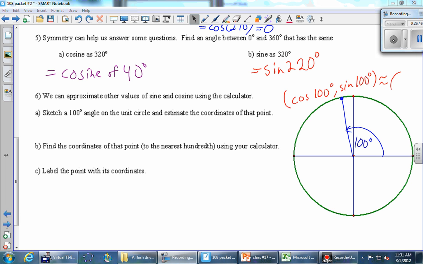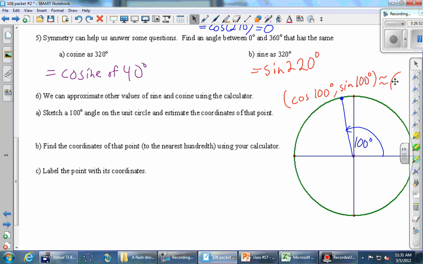How much is cosine of 100 from the calculator? Negative 0.17. And I'm hoping that we made some guess that was at least a negative number, because the x-coordinate of that point has to be something less than 0, but not too much less than 0, because at the far left, it's at -1. So negative 0.17 is reasonable. And then the y-coordinate, is it positive or negative?